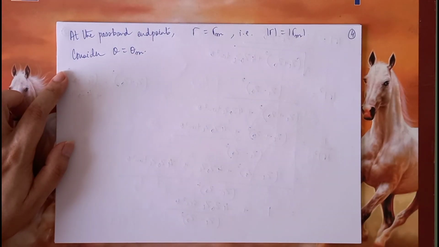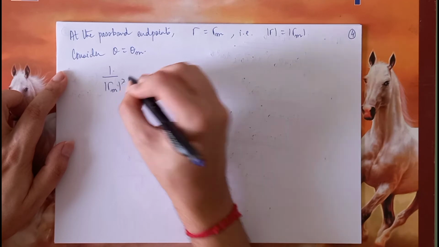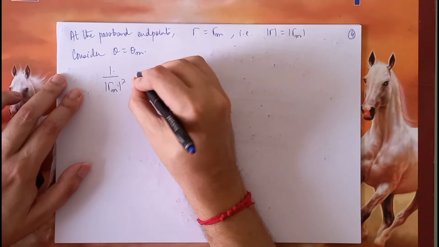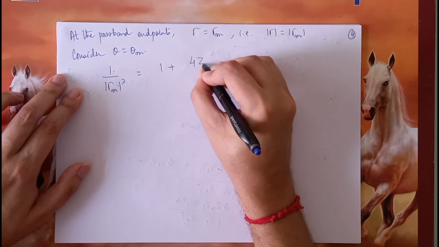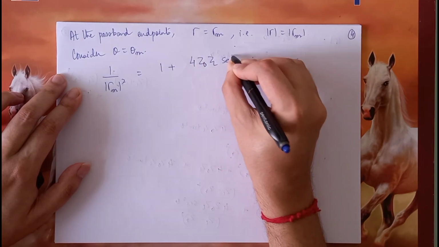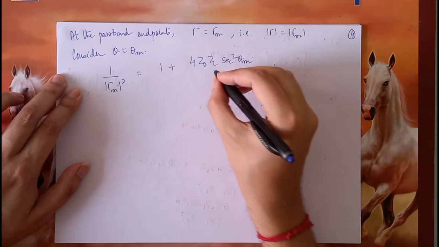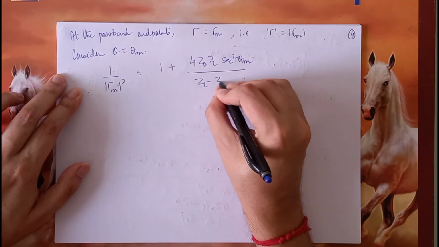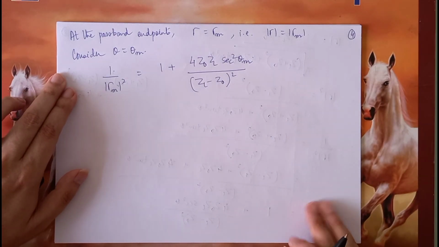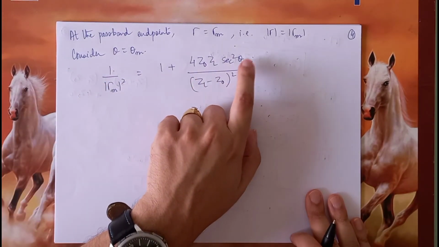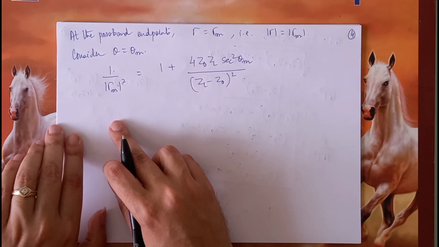In that case, the equation will become like this: 1 by mod gamma m square equals 1 plus 4z0zl sec square theta m, because it is at this point, divided by zl minus z0 the whole square. So if we just do some manipulation and try to isolate this theta m, what we will get is something like this.